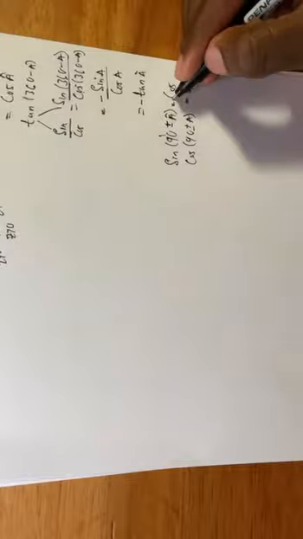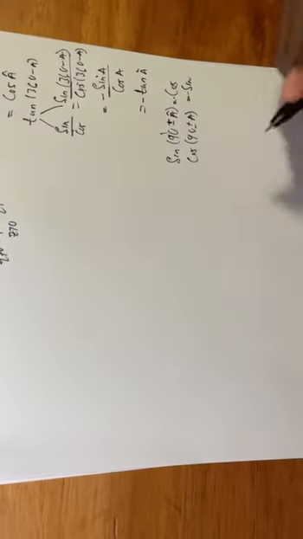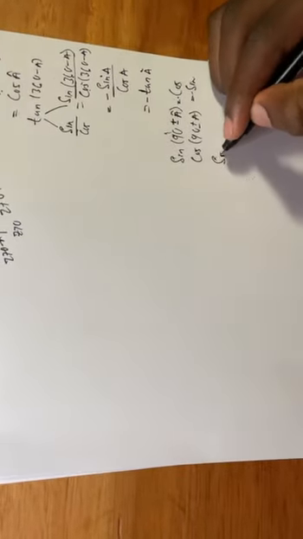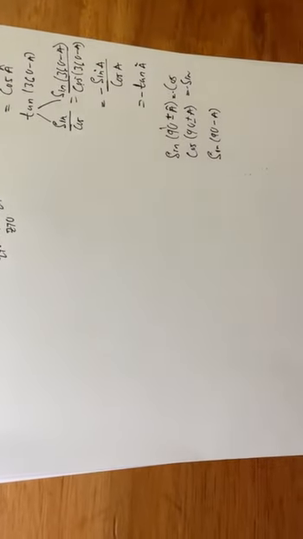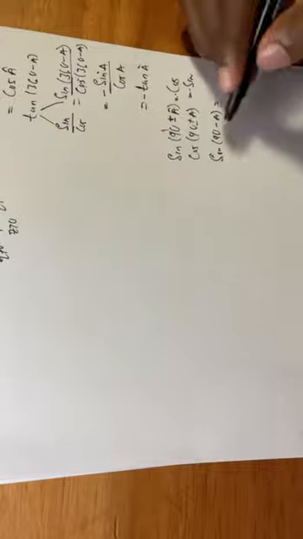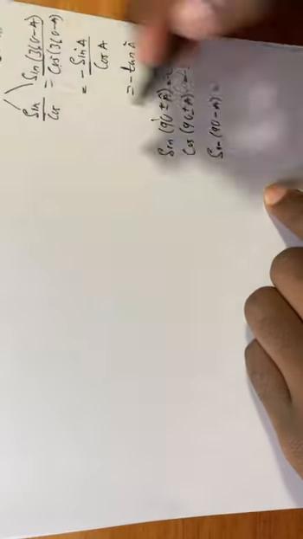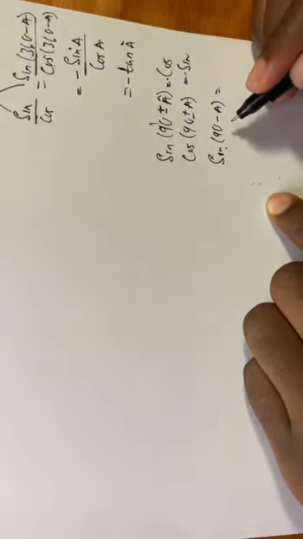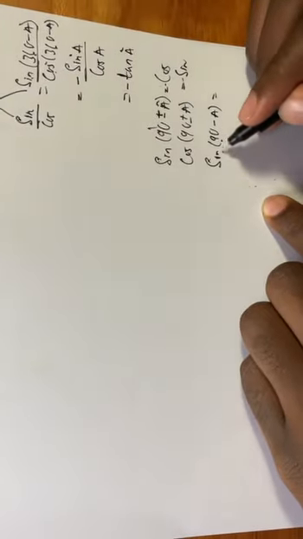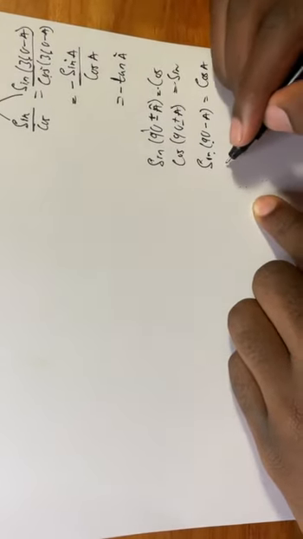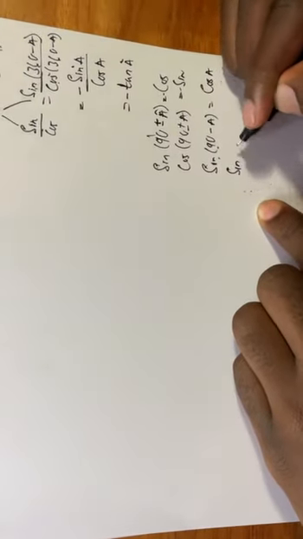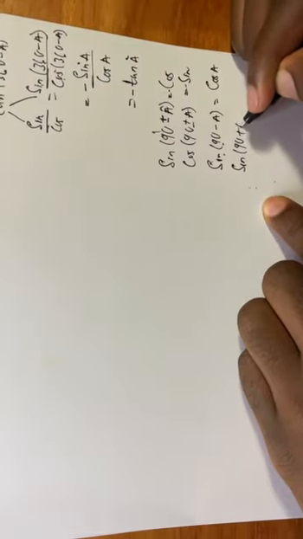Okay, we'll talk about the sine right about now. So what if we're given sine of 90 minus A? 90 minus A is in the first quadrant. Sine is positive in that quadrant. But we know sine 90 minus A changes to what? To cos of A.